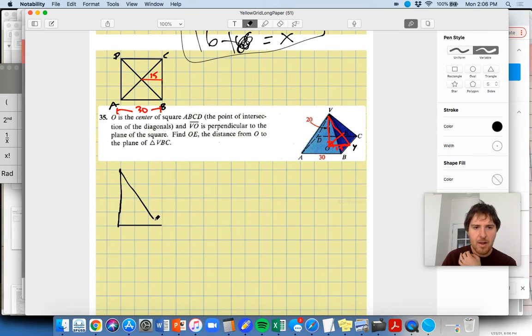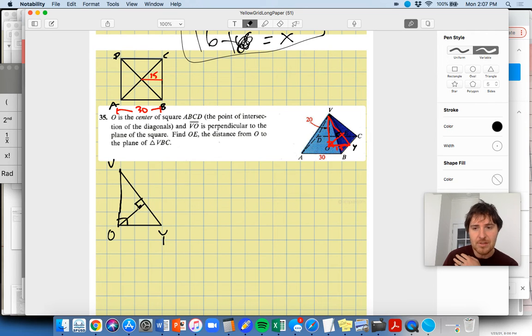What we're trying to do is get the distance to this plane, so that would be the perpendicular, the altitude of this triangle. This is what we're trying to figure out.